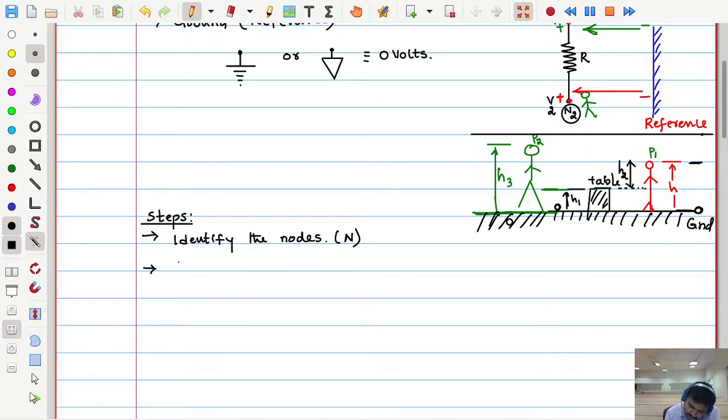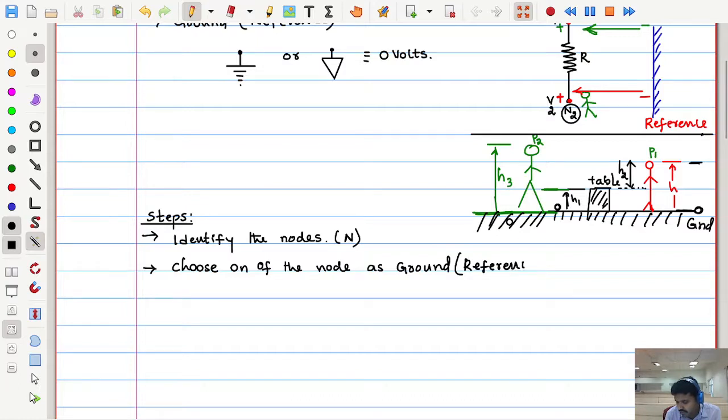So the next step is to choose one of the nodes as ground or reference. We already know ground voltage is 0.